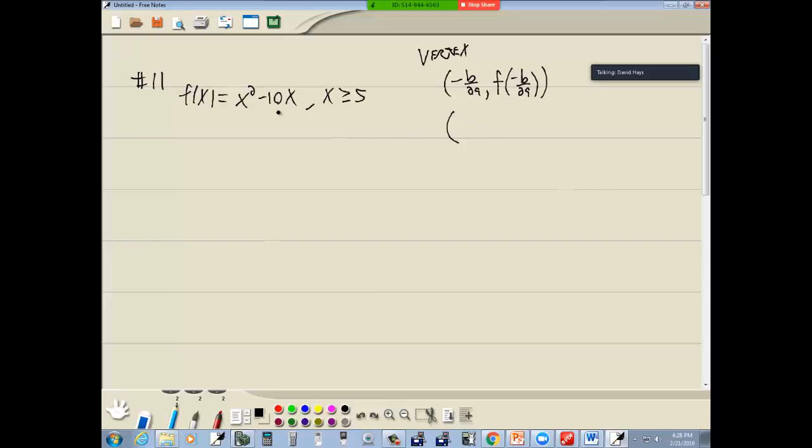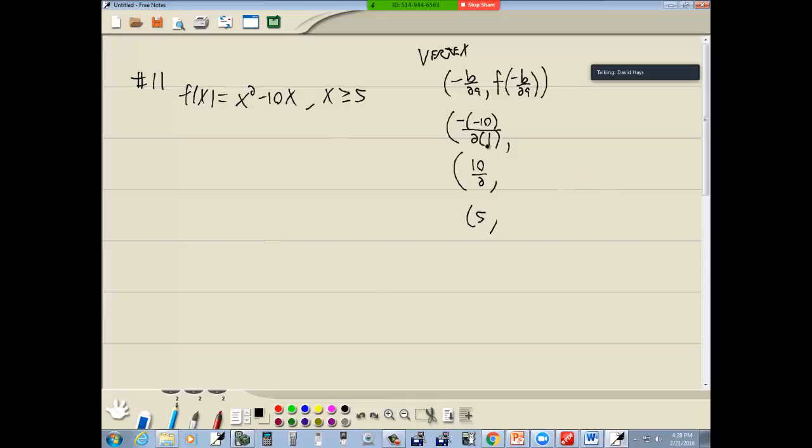So we'd have b is negative 10. So I have negative 10 over 2 times a. A is whatever's in front of our x squared. Negative gives us positive, so we'd have 10 over 2, or we'd have 5. And then we plug that into our function.